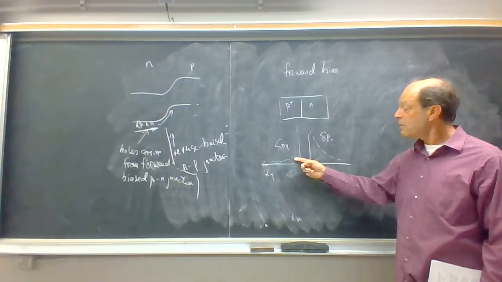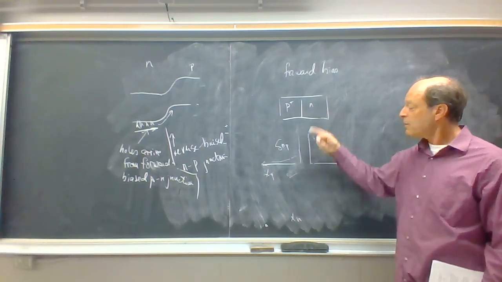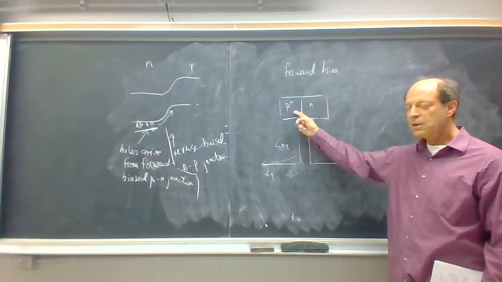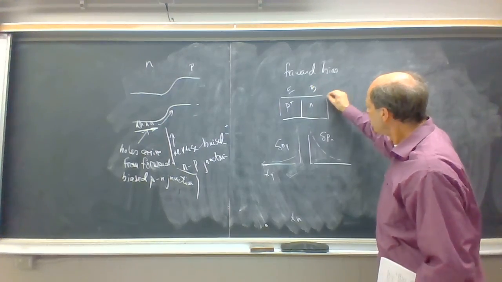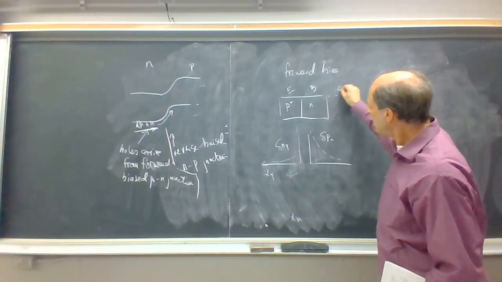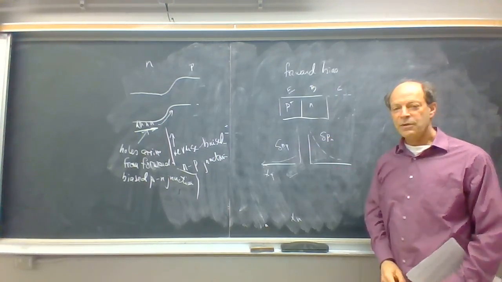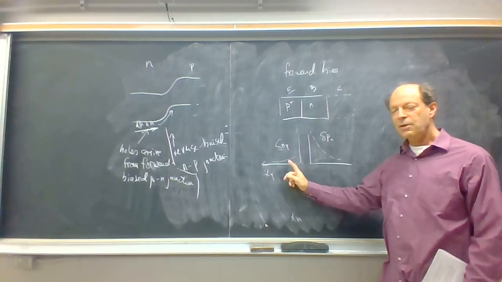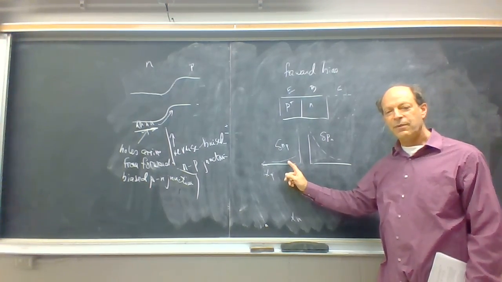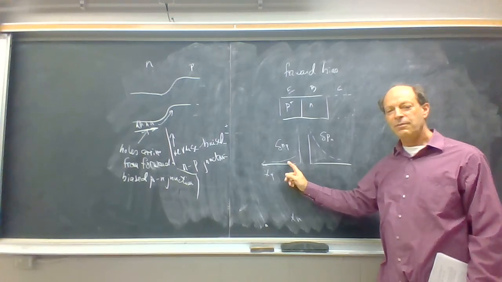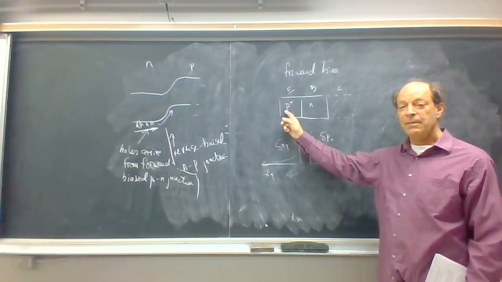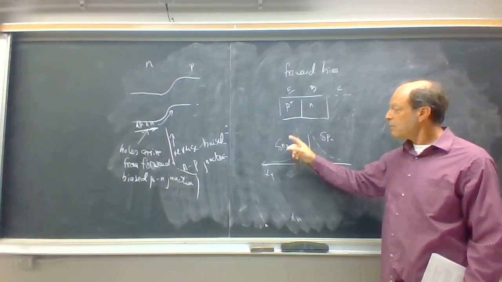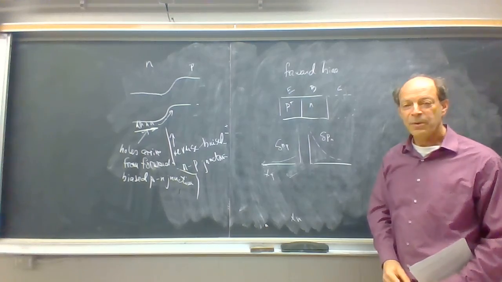The electrons that we inject from the base into the emitter material are not useful to us. In fact, they represent a waste of current because we don't want to have a higher current flow into our emitter than necessary. So that's the reason for the P plus N doping.